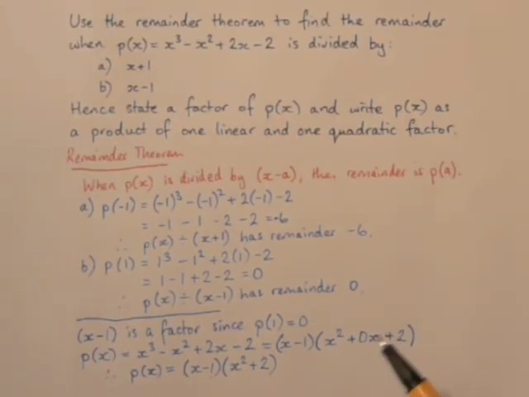It's worth just saying that this quadratic factor can't be separated into two other linear factors with real coefficients. Sometimes it could be, but in this case it can't. We could work out the discriminant to check, and we'd find that the discriminant was negative.